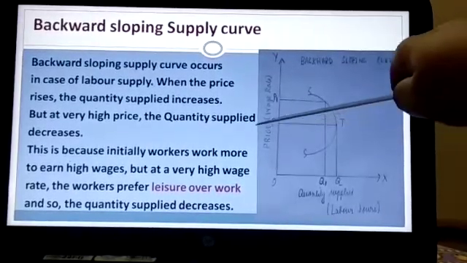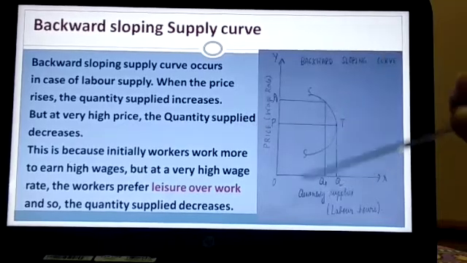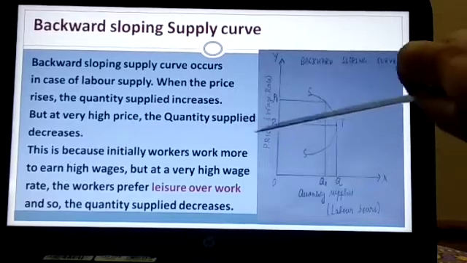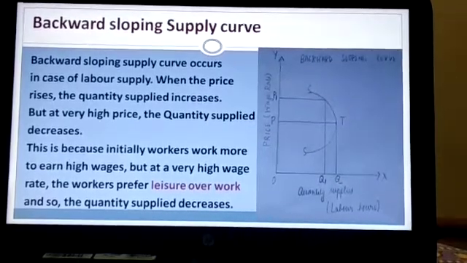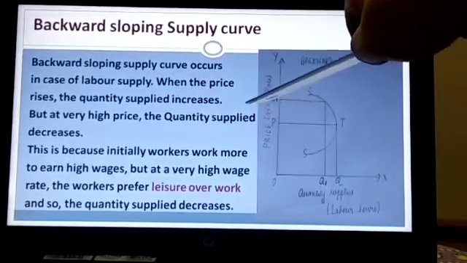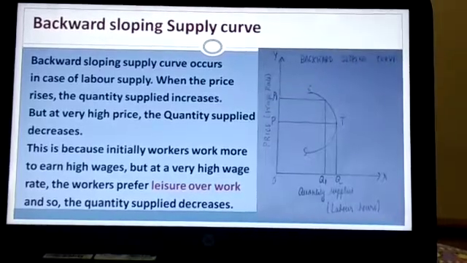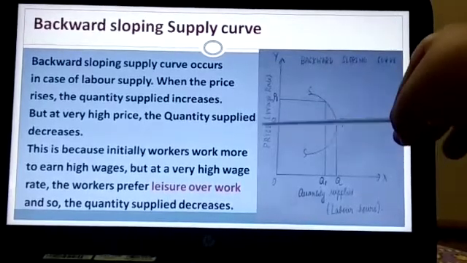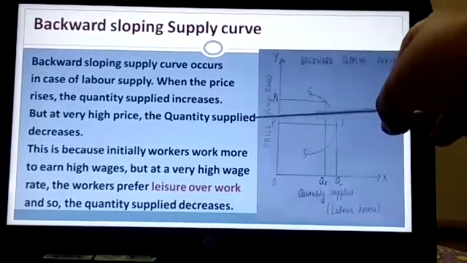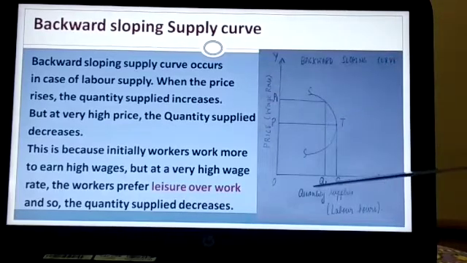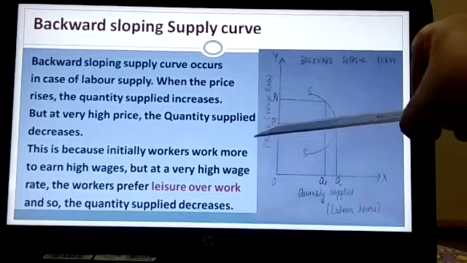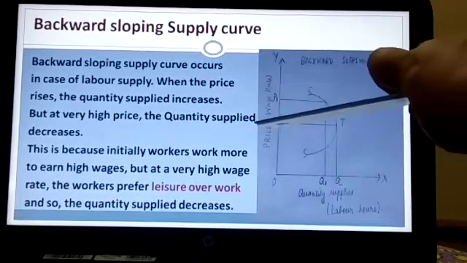You can see here P, wage rate, and Q, quantity. After this is a very high wage rate. At this position, he is not willing to work anymore. He wants to rest. So when the wage rate increases from P to P1, he will supply less, Q1.